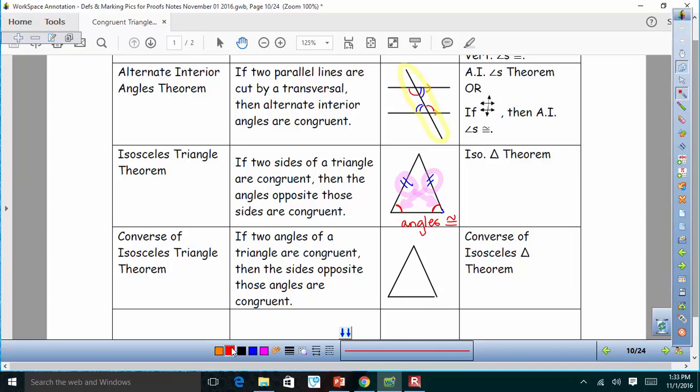And by these angles being congruent, I would be able to imply that the sides across from them, this side and the side across from this angle, these two sides, would be congruent.